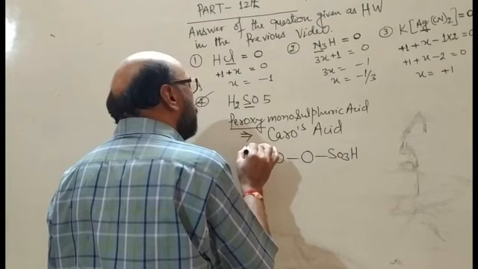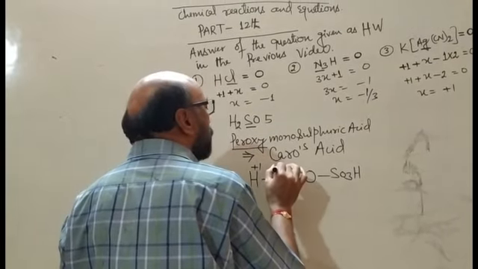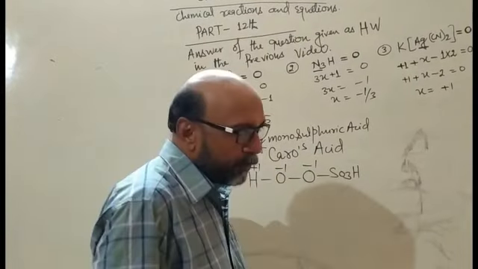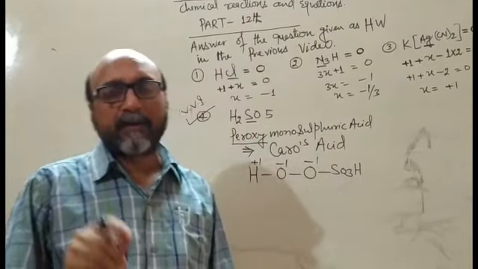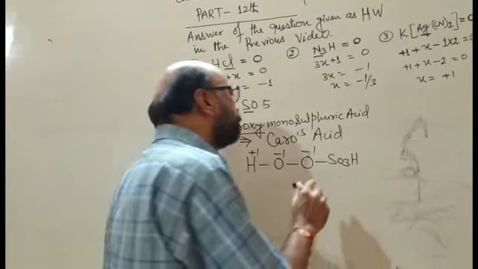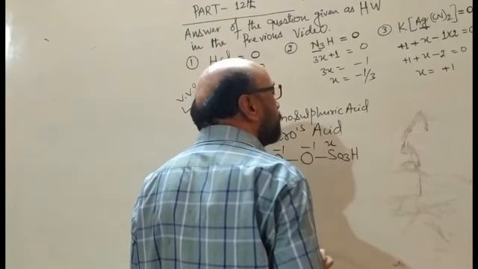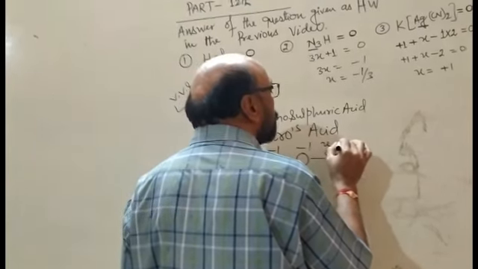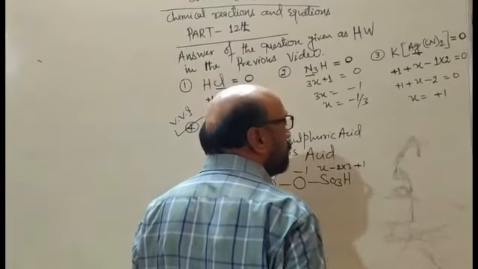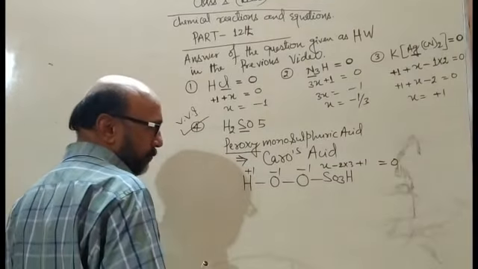Now you can use the oxidation state of hydrogen +1, oxygen here -1. You know, in peroxide the oxidation state of oxygen is -1. And let the oxidation state of sulfur be X, for oxygen -2 into 3 and for hydrogen +1, and total sum is equal to 0.